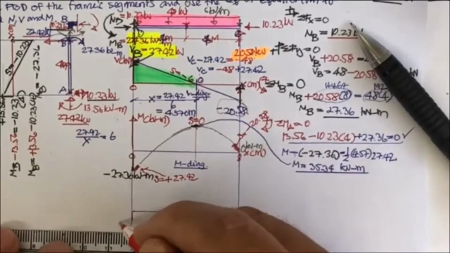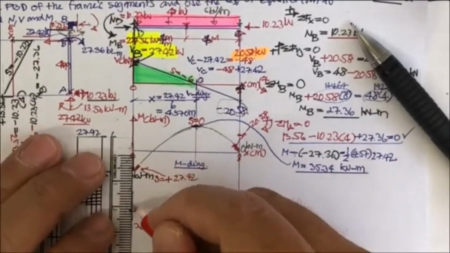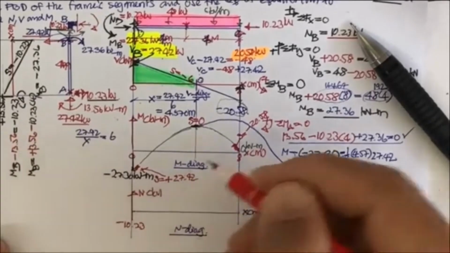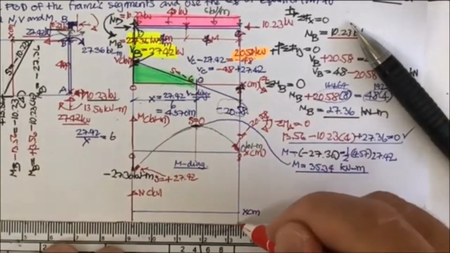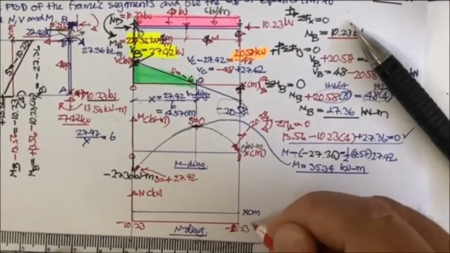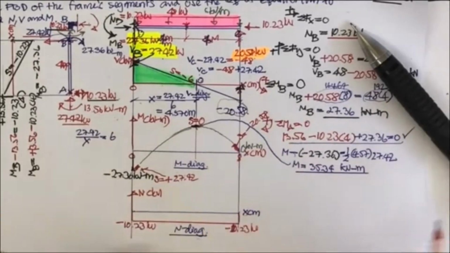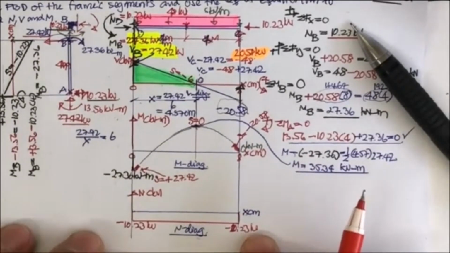This is going to be minus 10.23. If you put this one as N in kilonewton, this is going to be a constant force, minus 10.23 kilonewton, and they are all equal. And this is going to be the axial load diagram.